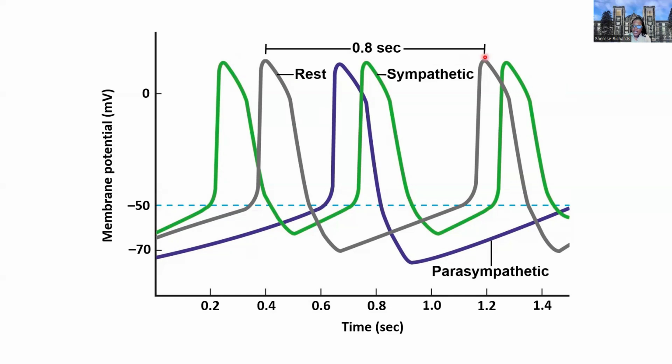Now, if we were to engage the sympathetic system, notice we're going to make it easier to depolarize. So we're going to fire three action potentials in that same time frame. Alternatively, if we had the parasympathetic system more engaged, it would become more difficult, less favorable to fire an action potential. And so we would only fire one action potential, which is the purple curve, in that same time span.